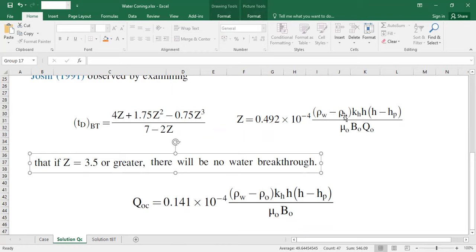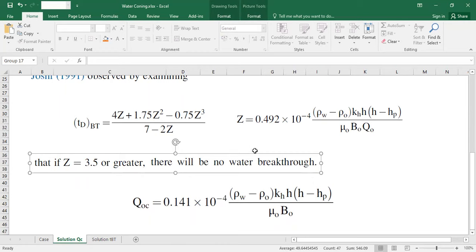Okay, so let's say water is so heavy, so much so you will not have water cone. Okay, and also if the gap between the reservoir thickness and the perforated interval is so long, right? Or the reservoir is so thick, you will have high Z. Or if you have very viscous oil, very high viscosity, okay, you can also have a high value of Z.